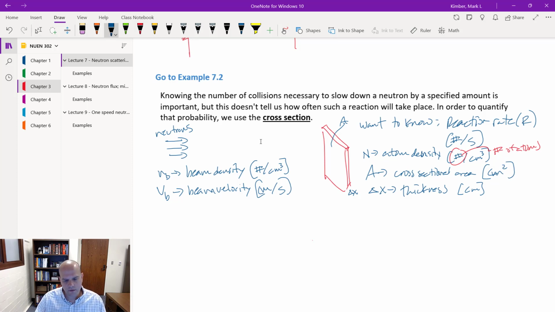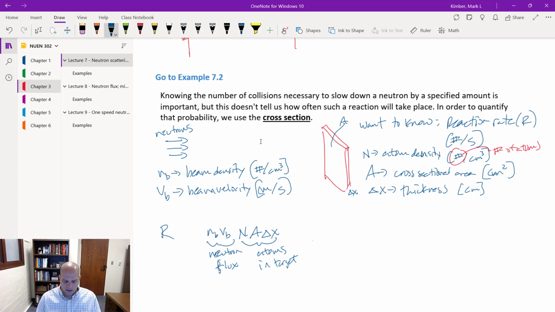And so as I look at reaction rate now, and I ask myself, well, this is going to be a function of the beam quantities. Again, these two together are my neutron flux. And then I'm going to take the target parameters, Na and delta X, and if I do all three of those together, this is the number of atoms in the target.